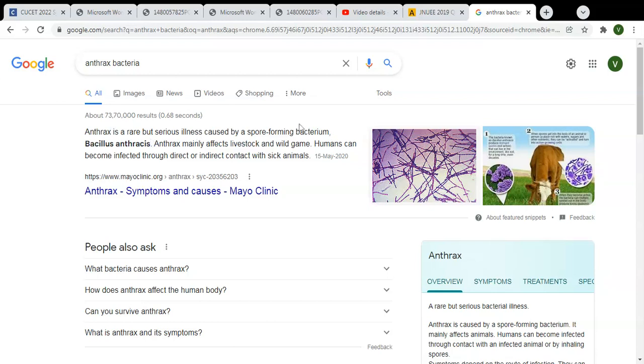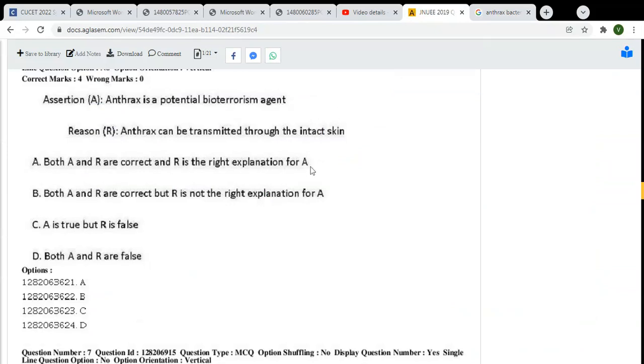It is rare, and even humans can become infected by coming in contact with sick animals. So you need to know how anthrax can be transmitted. But if you know how bacterial pathogens are transmitted, then there is no need to do much work in answering this question.